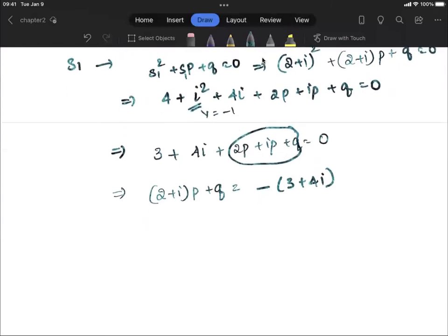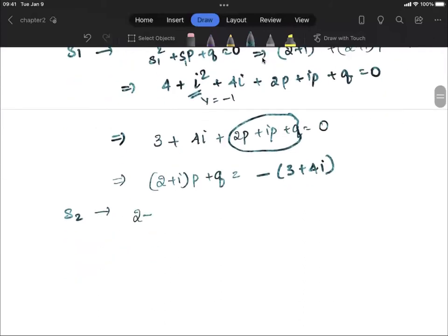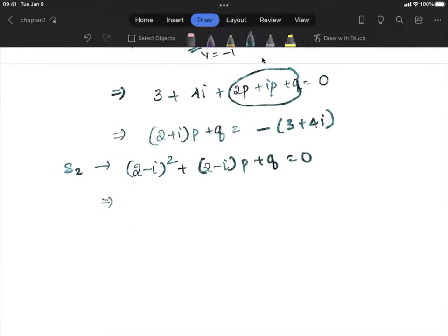Now, if I were to plug s2 into that equation, s2 is 2 minus i, right? So I'll have (2 minus i) whole squared plus (2 minus i) times p plus q equals 0. Now this will give me 4 plus i squared, which is negative 1, minus 4i, so this equals 0.